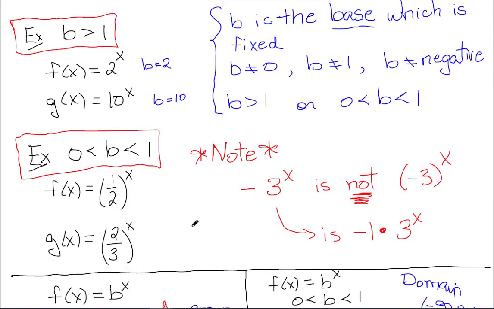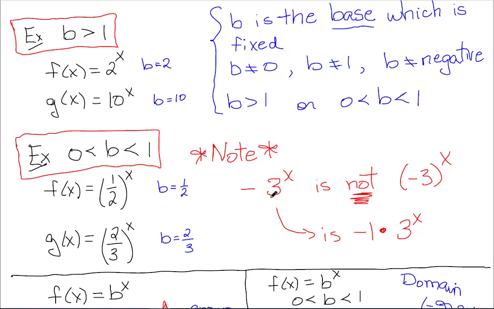I could have a b that's between 0 and 1. So in this case, b is 1/2. So that is 1/2 to the x. And I could have b is 2/3, and that would give me 2/3 to the x. So all of these are examples of these exponential functions.